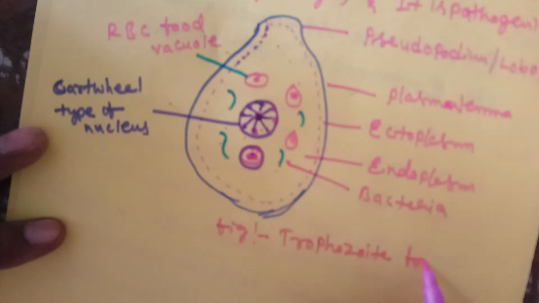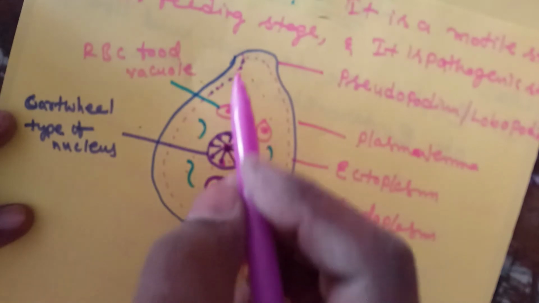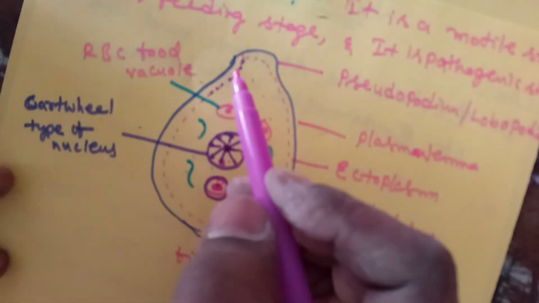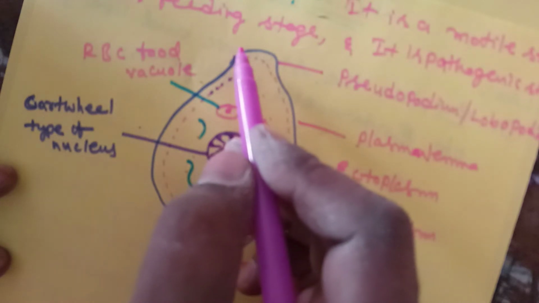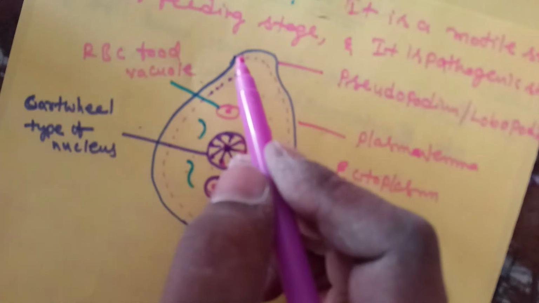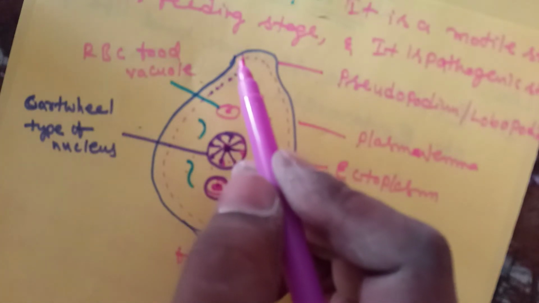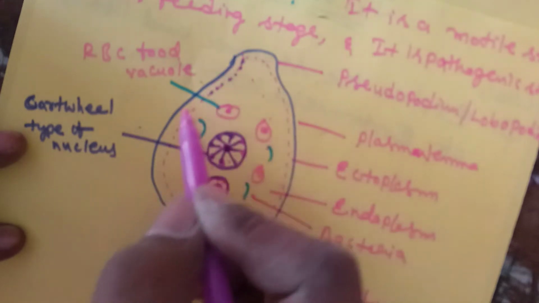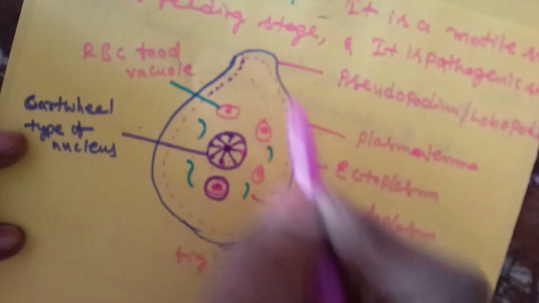Once again, Entamoeba histolytica has three forms. The first form is the trophozoite form, the second is the pre-cystic stage, and the third is the cystic stage. The trophozoite body wall is covered by the plasma lemma.